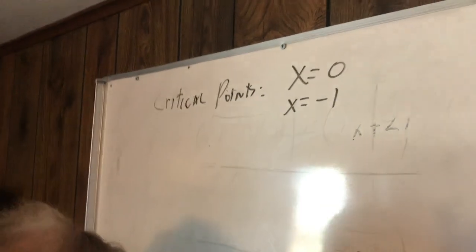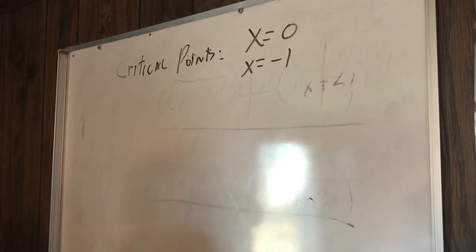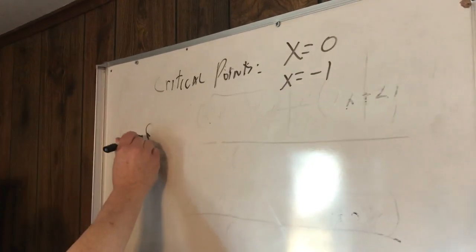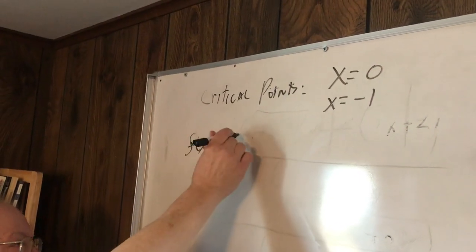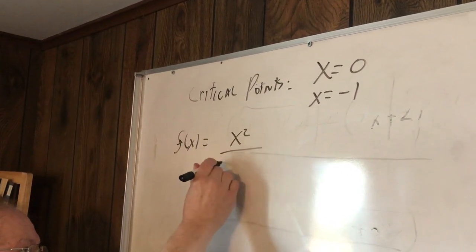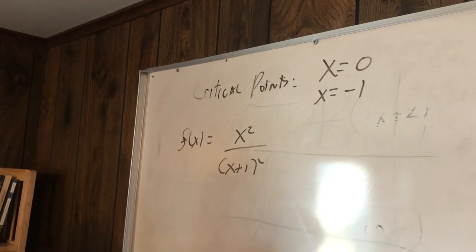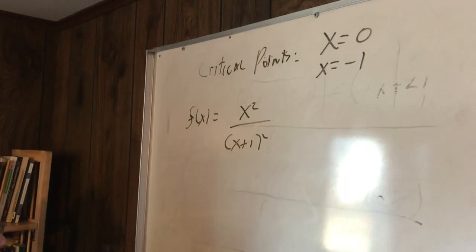Well, let's go back to the original problem, the way it was written. f of x is x squared over (x plus 1) squared. Now let's substitute these two solutions in there.